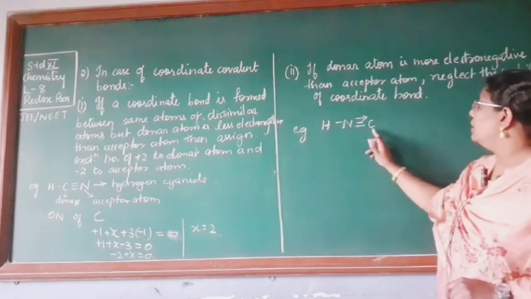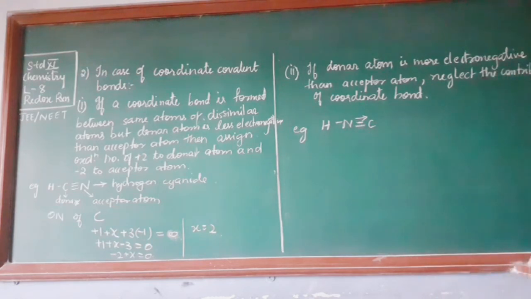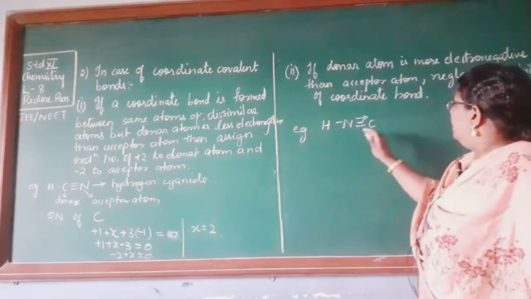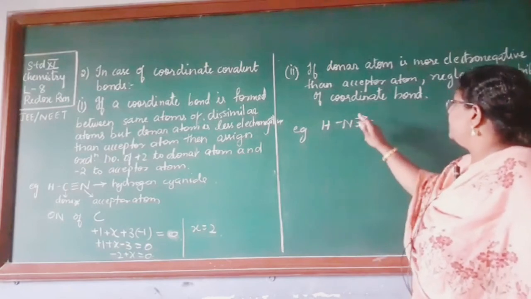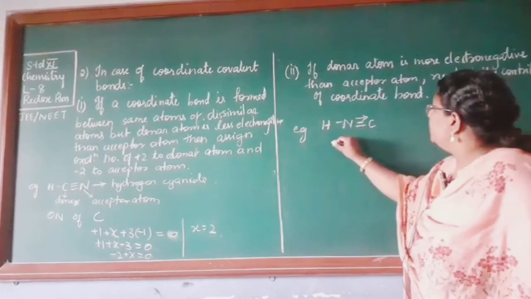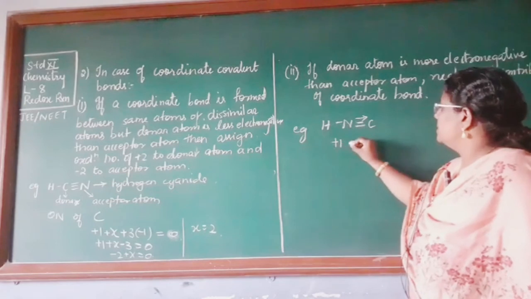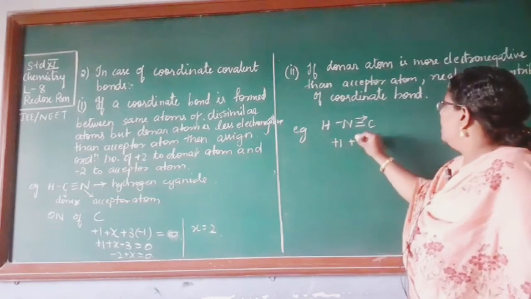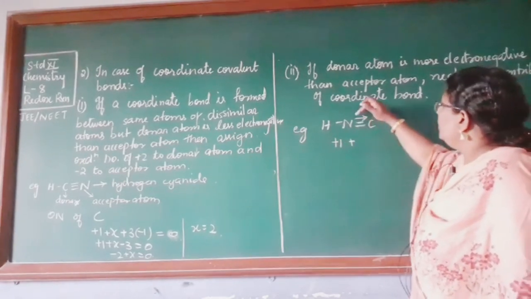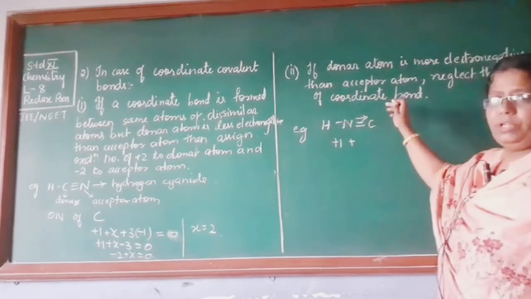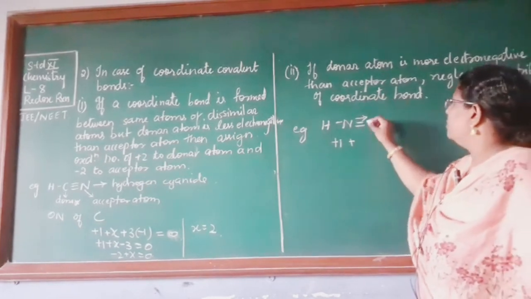Now here carbon, how many bonds is it having with nitrogen? It is having 2 bonds. So यहाँ पे कार्बन, it is bonded to what all things? It is bonded to one hydrogen, that is +1, nitrogen. You neglect that it is a coordinate covalent bond. You simply take it as covalent bond.